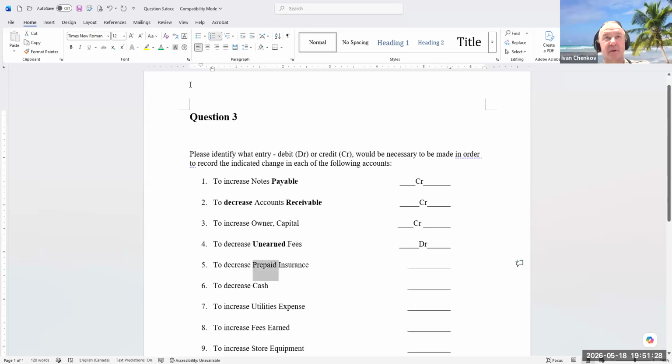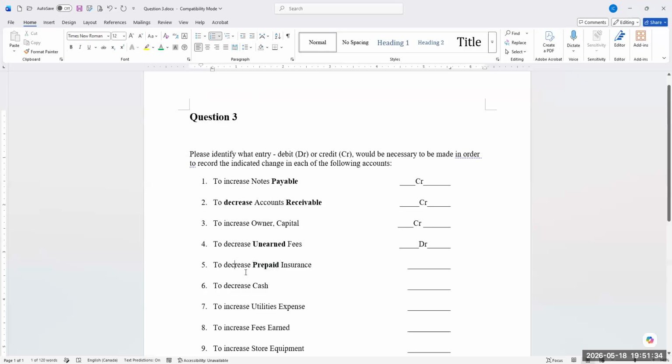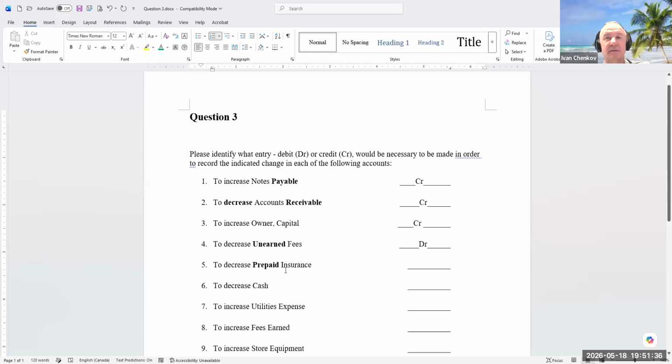The fact that it's prepaid makes it an asset. So if I want to decrease the asset, I have to credit. Great. Cash. It's an asset. So I want to decrease it, credit.